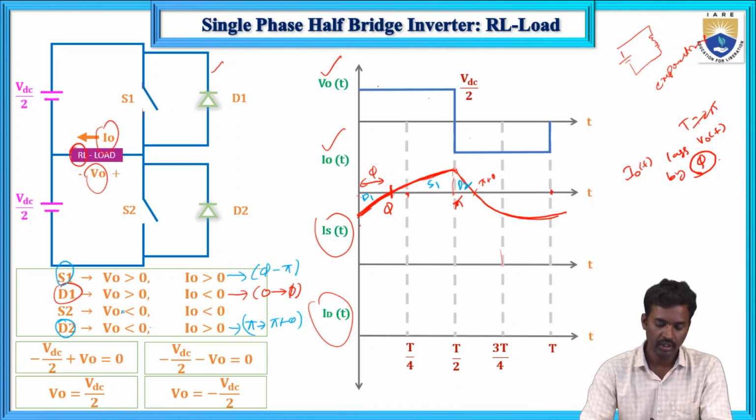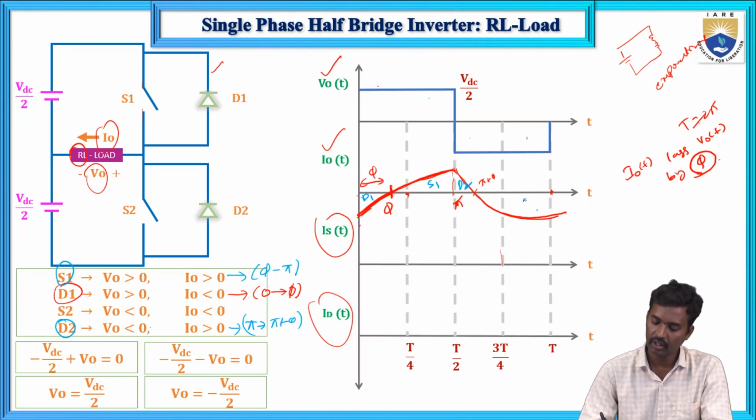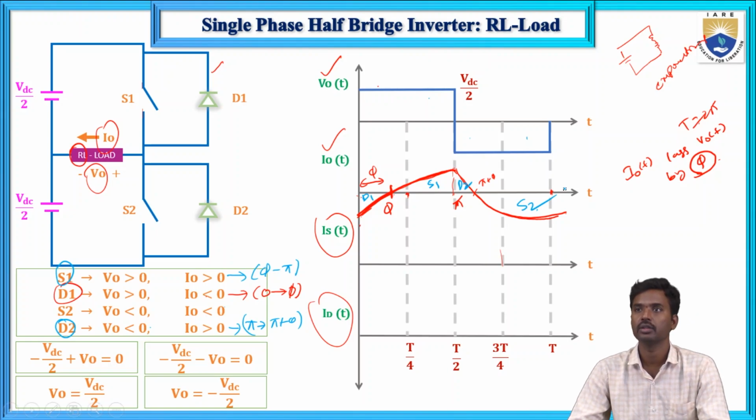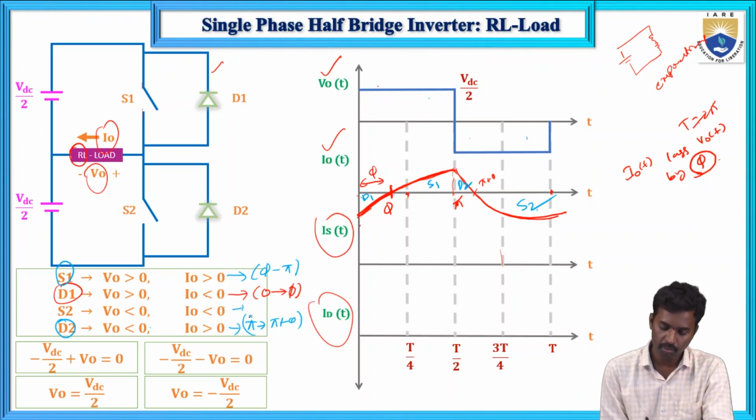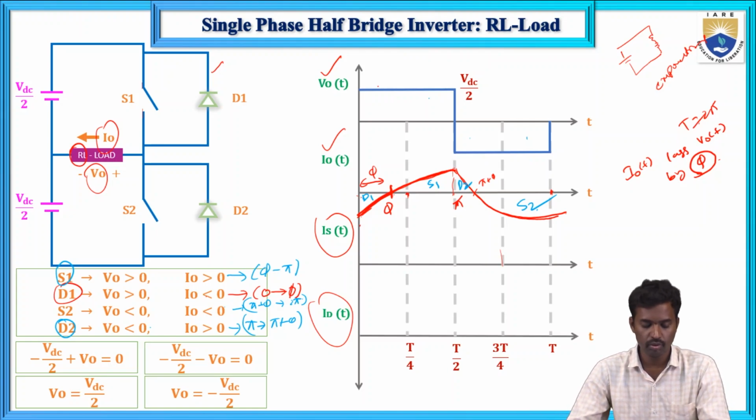And next here, voltage is negative and current is negative means S2 thyristor will conduct. So here from pi plus phi up to 2 pi, S2 will conduct.